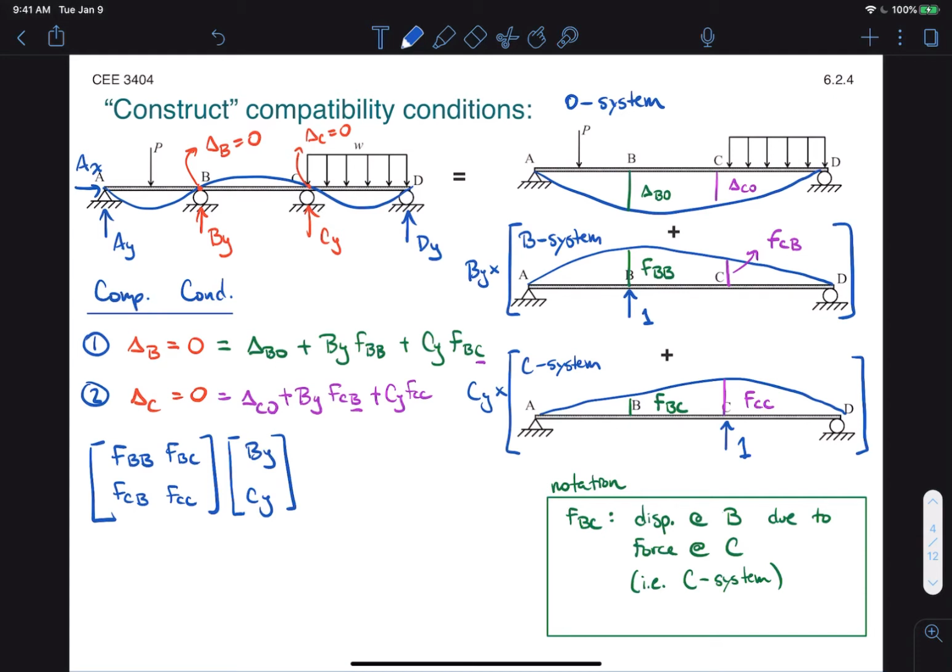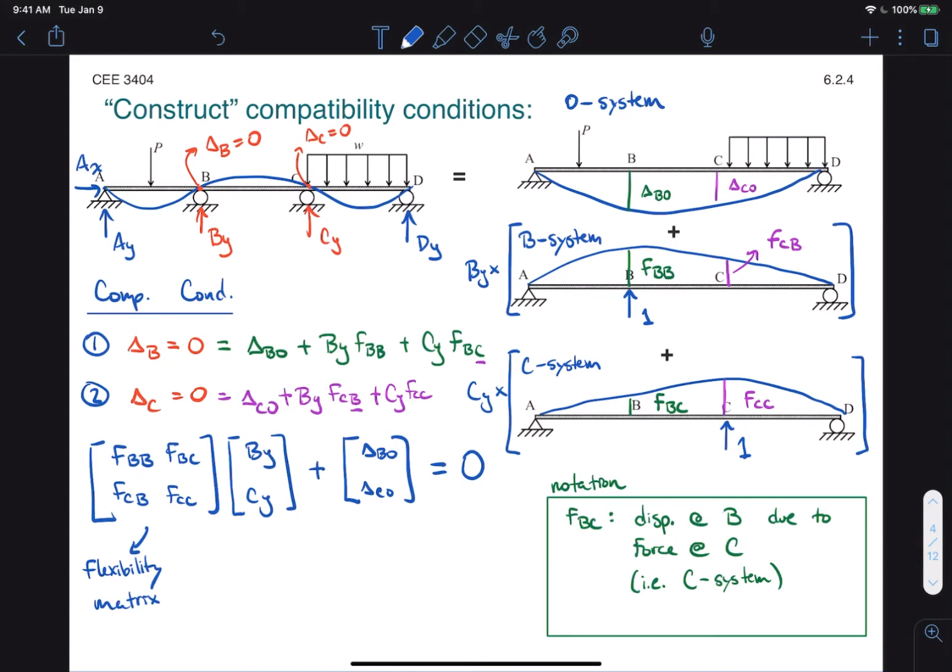So take a moment to verify that if I do the matrix multiplication there, I get the right products. And this 2x2 matrix of the F terms is what we'll call the flexibility matrix. And completing the equations, right, we can say this gets added to another matrix of delta B0 and delta C0, and that's equal to 0.